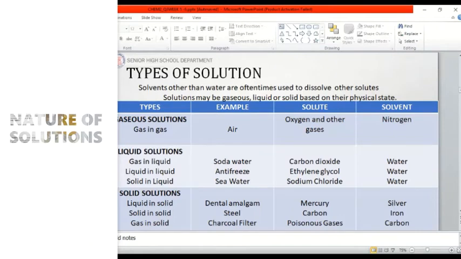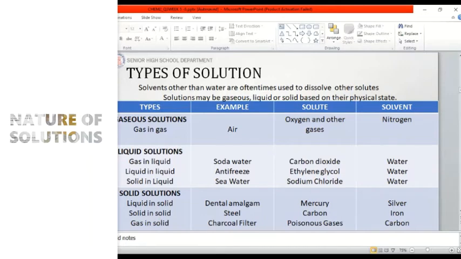Okay, how about solid solution? Can we still mix two particles and mahimo mo siya homogeneous mixture if solid solution? We can have liquid in solid, ang liquid is dissolved in a solid. For example, dental amalgam, where we have mercury and the solvent is silver. We also have solid in solid, like steel.